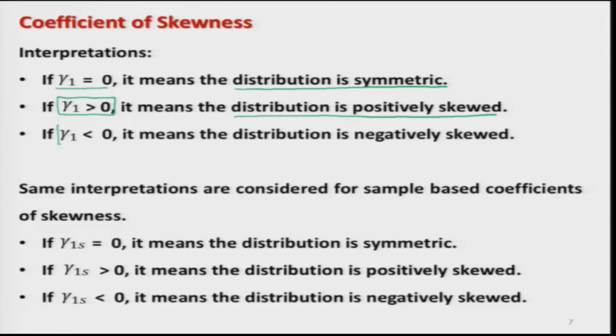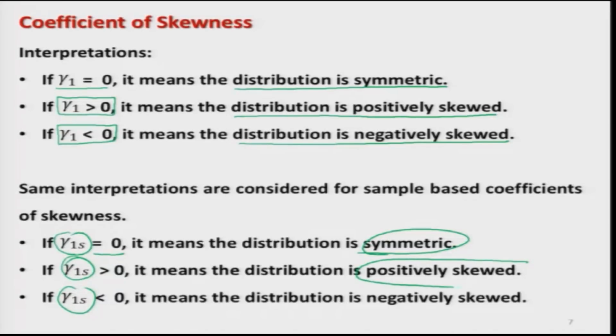And if gamma 1 is negative, then the distribution is negatively skewed. And the same continues for gamma 1 s. If gamma 1 s is 0, this means symmetric. If gamma 1 s is positive, the distribution is positively skewed. If gamma 1 s is negative, then the distribution is negatively skewed.